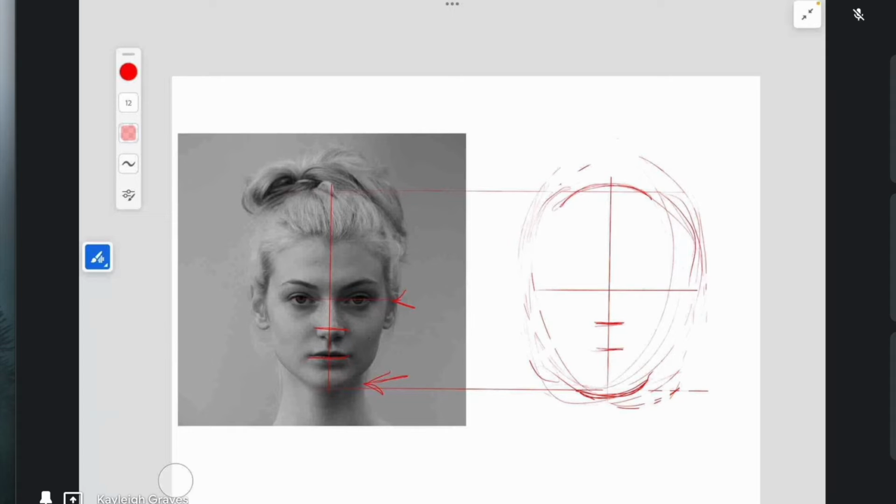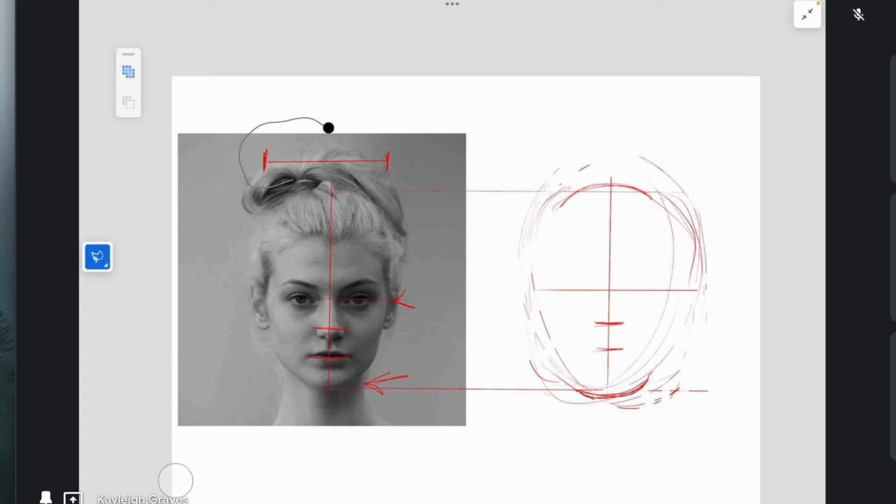So one thing that I like to do is measure the width of the head compared to the height of the head. So if I were to measure from one side to the other, like this, I know that one width of the head, why is this not closing?